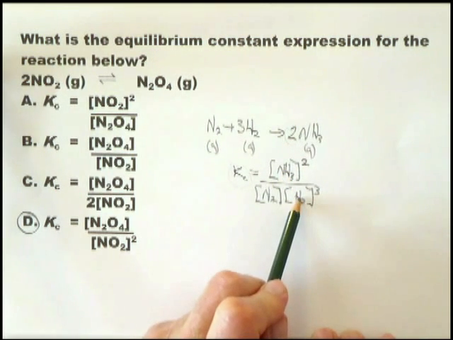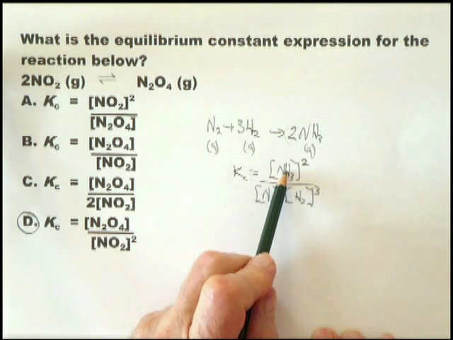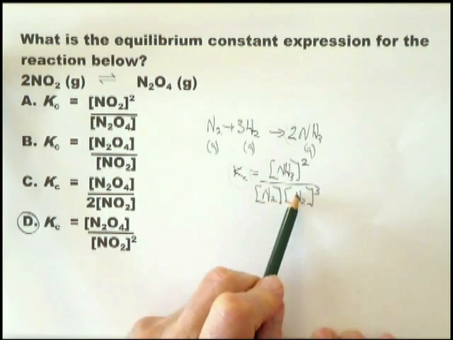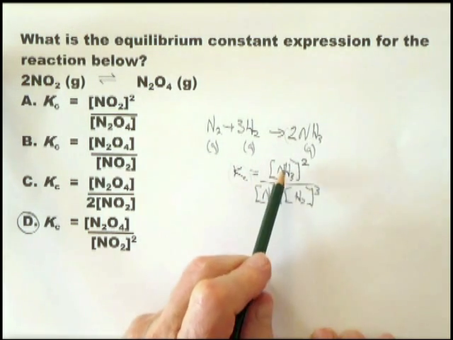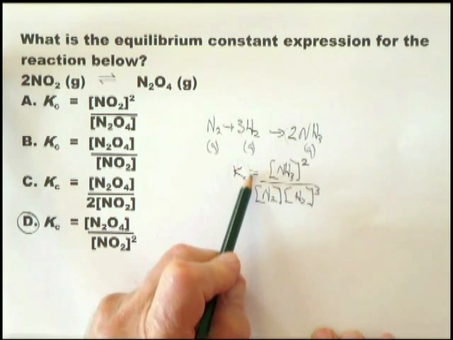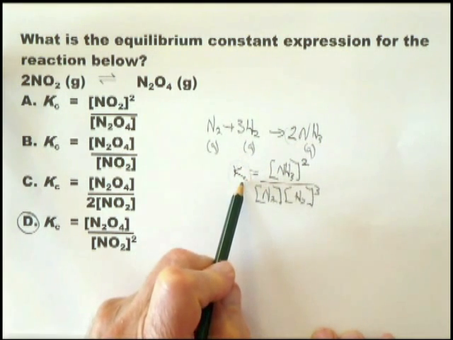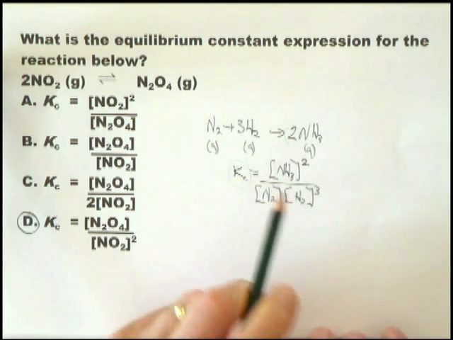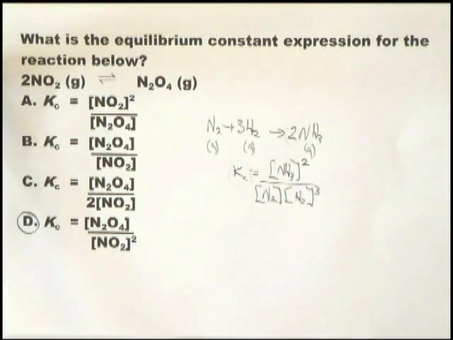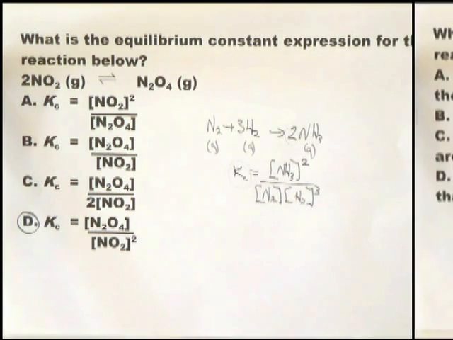Or if you increase the hydrogen, you've got to increase the concentration of ammonia. Or if you reduce one of these or both of these, you've got to reduce that, because this is a constant at a particular temperature. These are essential ideas in this area which you must understand and be able to deal with quickly.